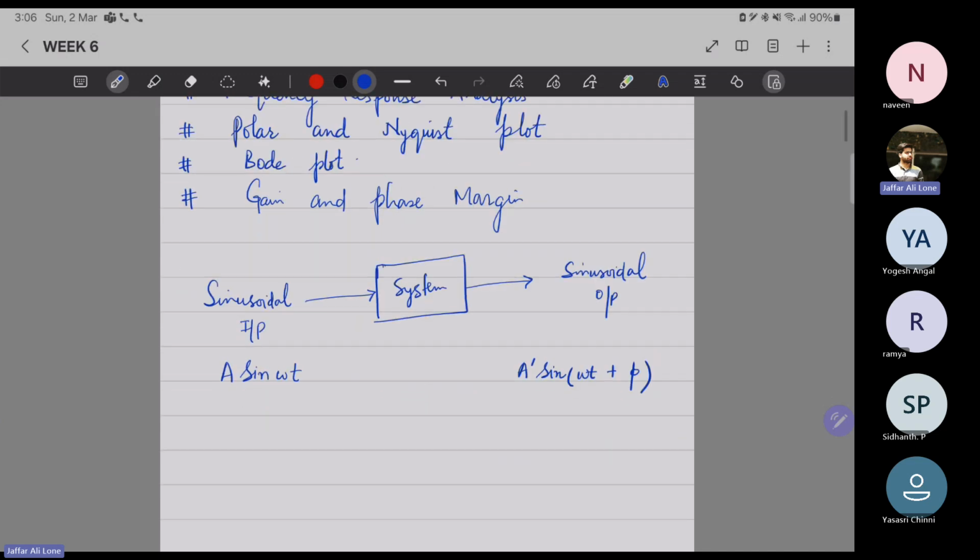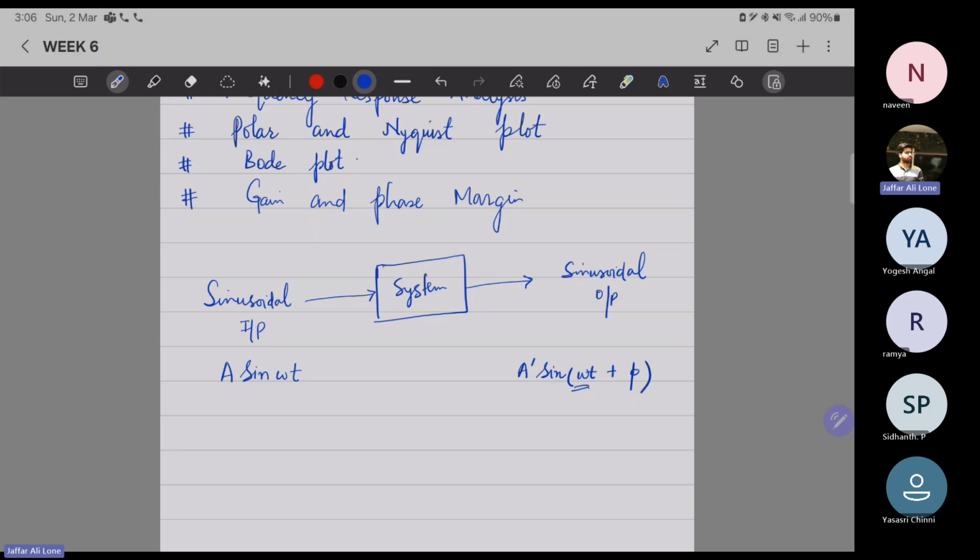So I'm getting some magnitude in the output, which may be the same or different, and my response is delayed by phase phi. But it's very important to see that we are getting the output at the same frequency as that of the input.